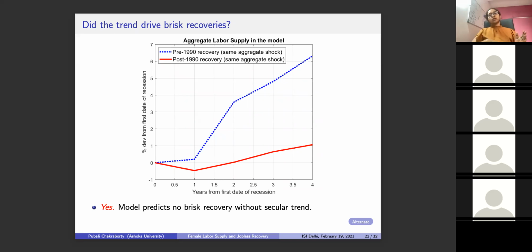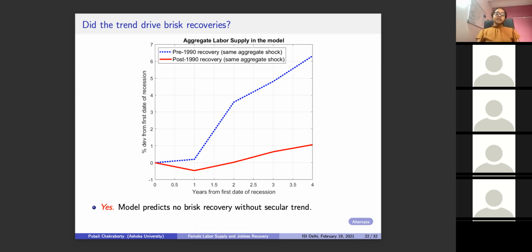And I allow agents to respond to the exact same shock at a later date, post 1990, when this trend is now absent. So it is the same aggregate shock that agents are responding to pre-1990 and post-1990. And the answer to the question of whether the trend drives brisk recoveries is yes. The model predicts that you would not see these brisk recoveries without the secular trend. This is the main result of this paper, in terms of the aggregate picture.